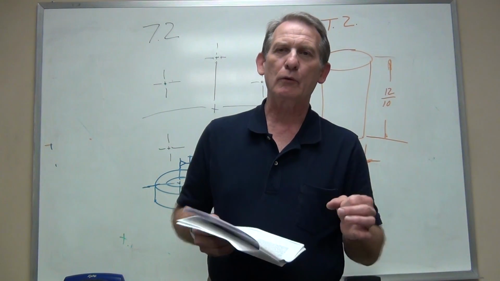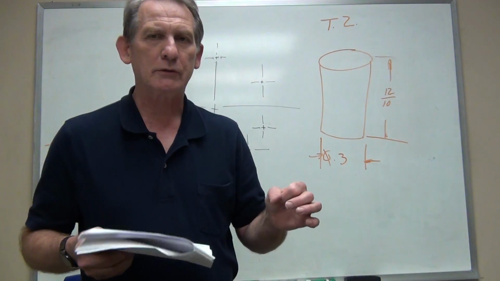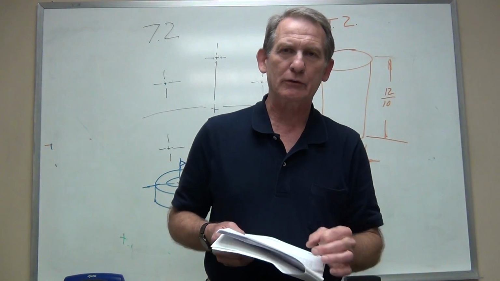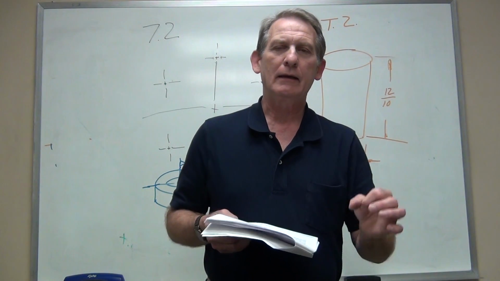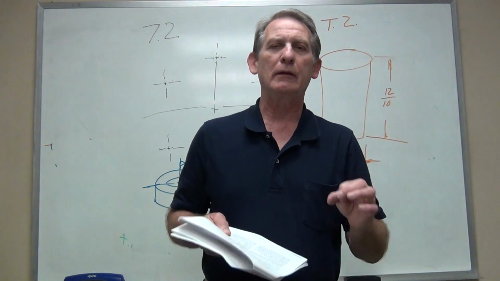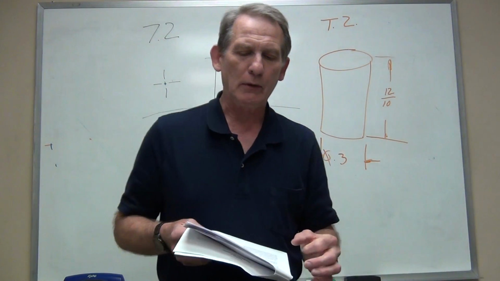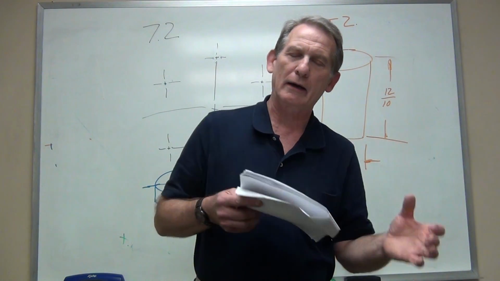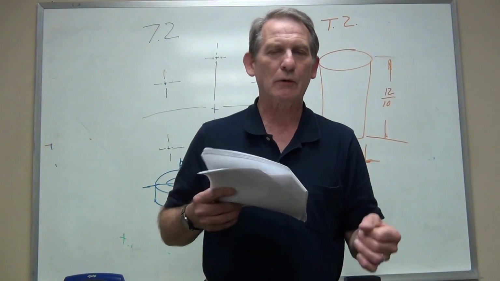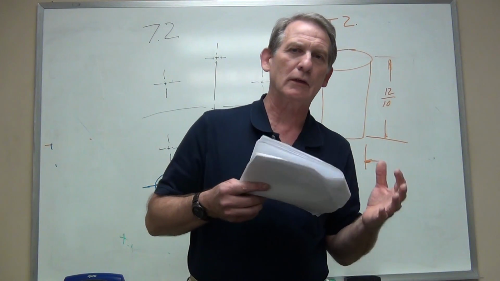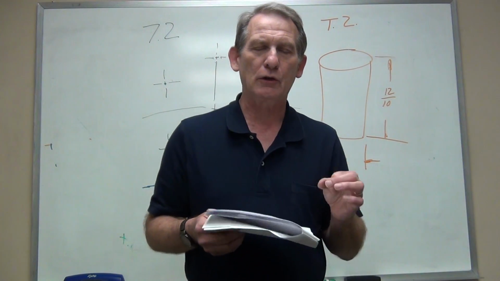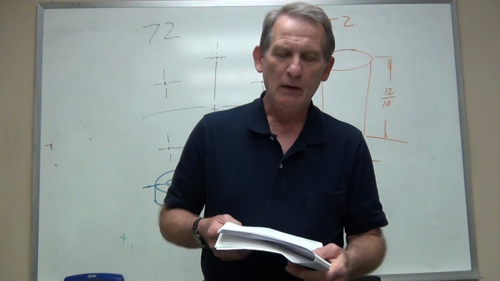It is the boundary within which the axis of the feature, the derived median element of that feature, has to reside. So it is the shape of the tolerance zone, not the shape of the feature. We would have exactly the same feature control frame if these were triangular holes, square holes, round holes, elliptical holes. Doesn't matter. We are controlling and defining a zone that is cylindrical.